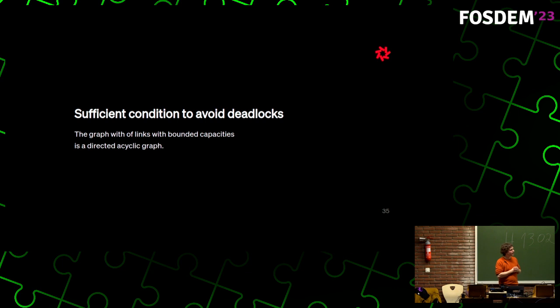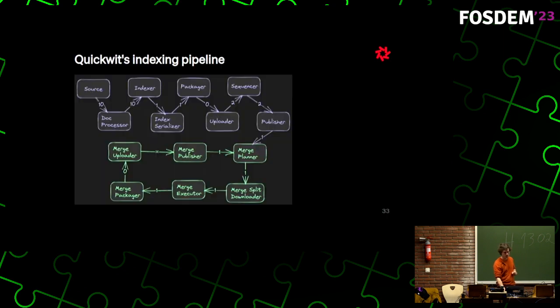There is a nicer condition to avoid locks. If the graph of your actors, where you removed all of the queues that had an infinite capacity, is a DAG, then you won't have deadlocks. And that's what we are doing here.